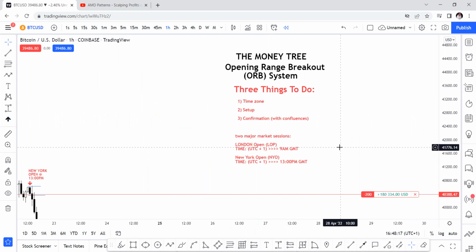This is the opening range breakout system, ORB. There are three things you need to undertake. First is the time zone.